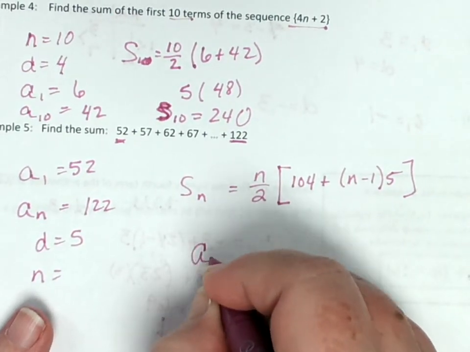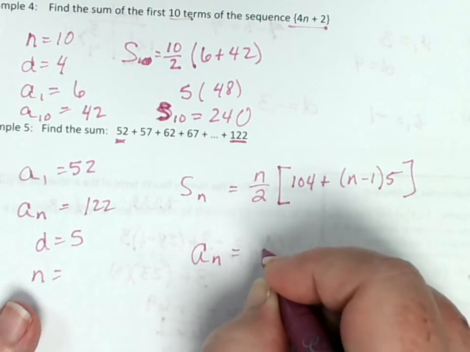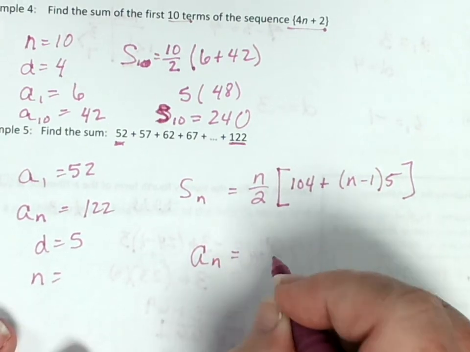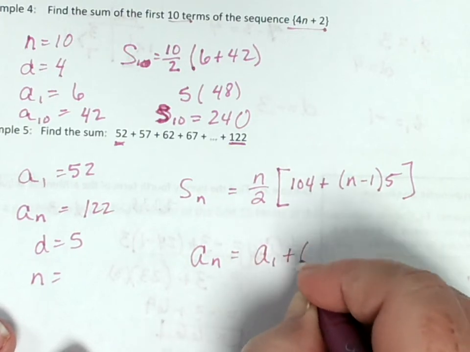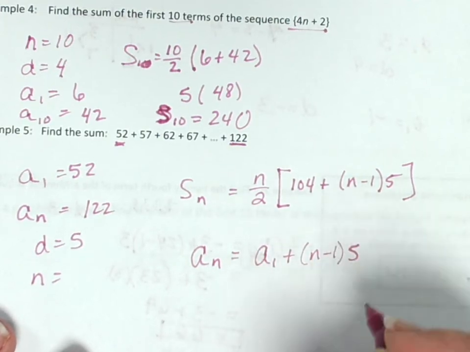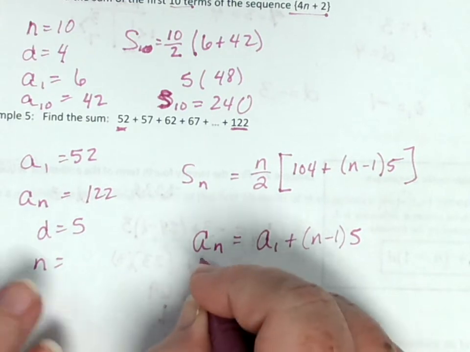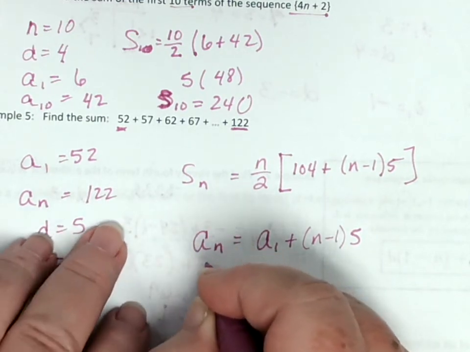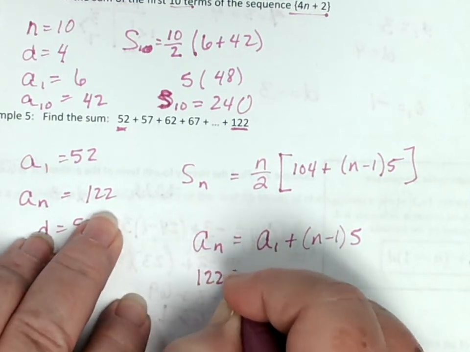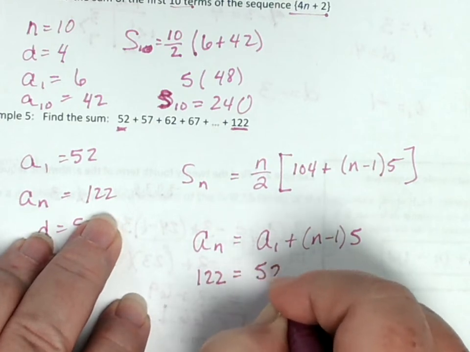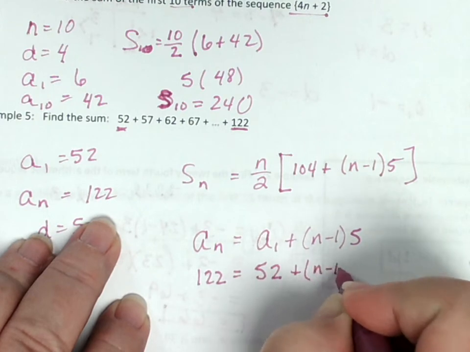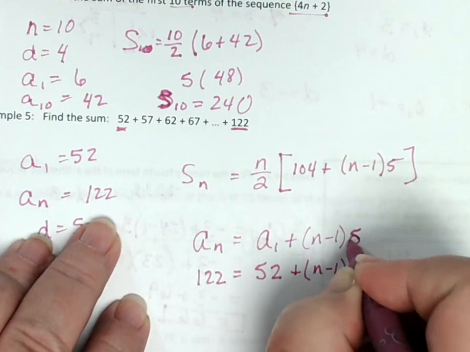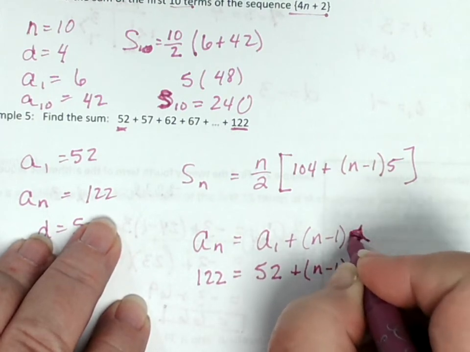Well, let's take the formula for the nth term. Do you remember back on the page before, the formula for the nth term was a sub 1 plus n minus 1 times d? And I know that this term right here is 122. The first term is 52 plus n minus 1 times 5. Oh, sorry, I should have put a d there because I wanted you to see the equation.